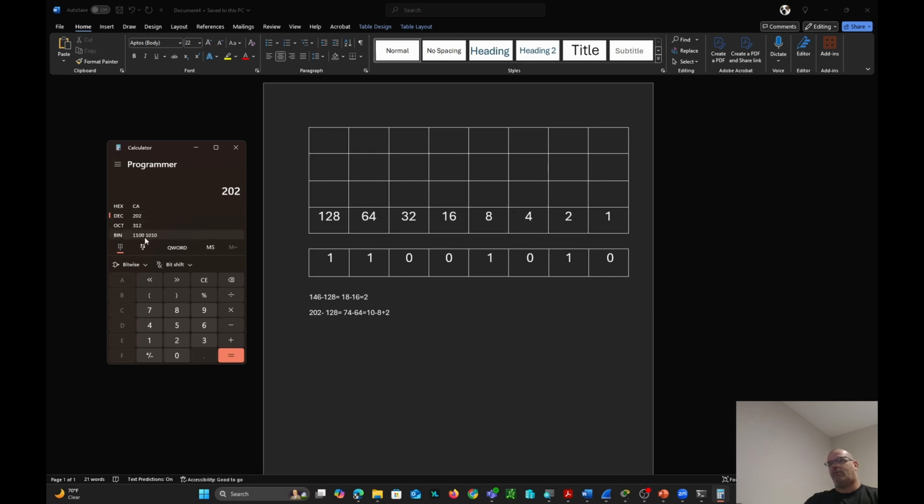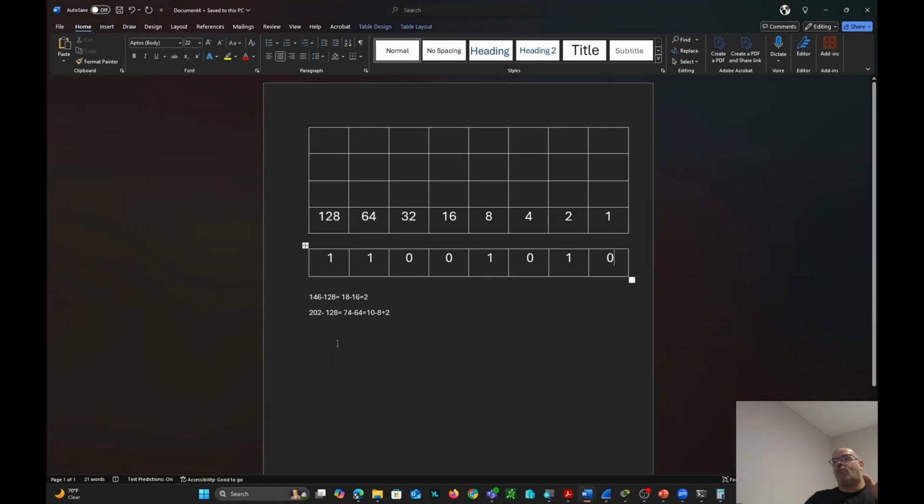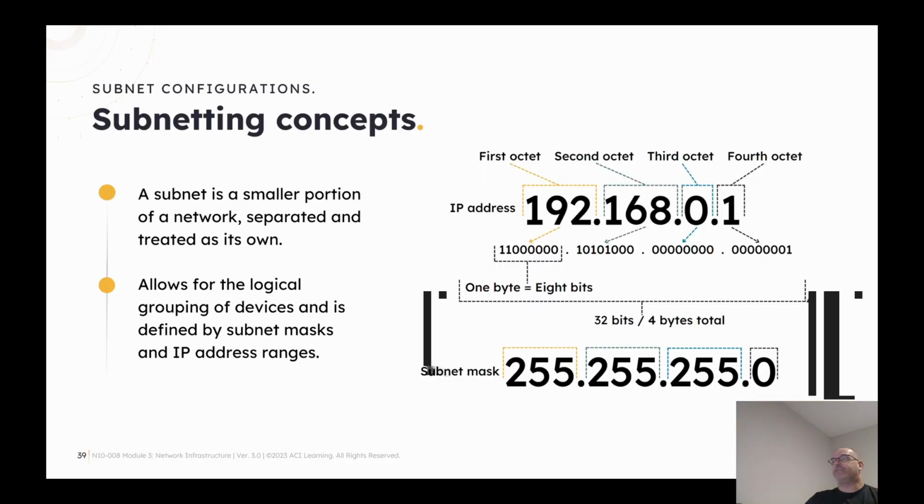202. All right. 1100, right? 1100. 1, so it's 10, 10. 10, 10. Everybody's following me, right? Okay. So whenever the computer is looking at the IPv4 address, it is actually looking at it from a binary standpoint, right?